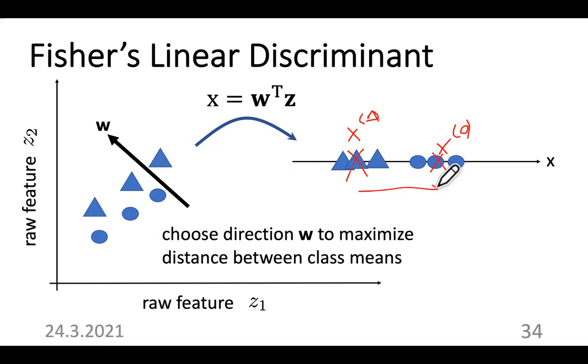What we do in Fisher's discriminant analysis is tune this weight, or this direction, which decides how the data points are projected into this one-dimensional space. And we choose this projection such that the distance between these means is maximized, because intuitively, and one can make this more precise, the distance between the class means is what determines the ability to predict the label from this single feature.